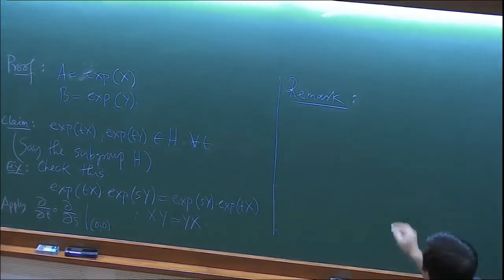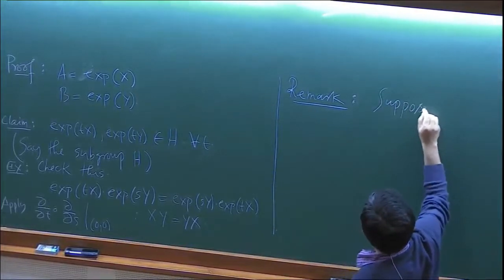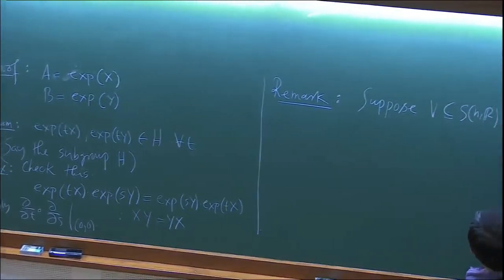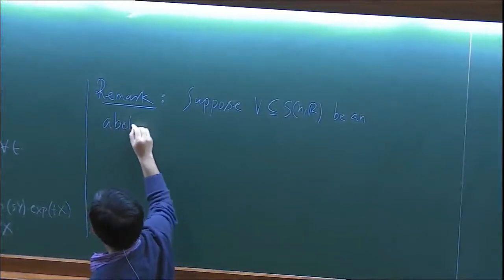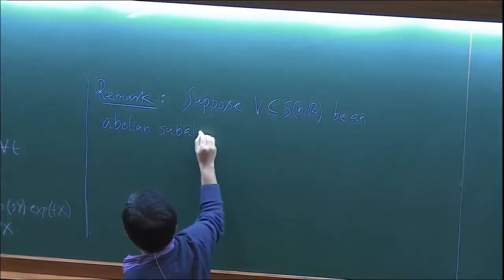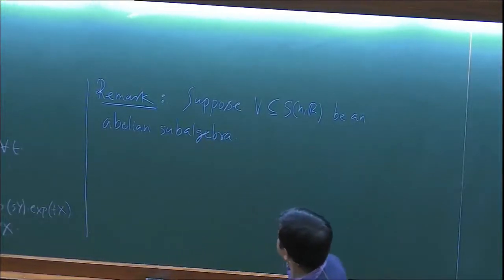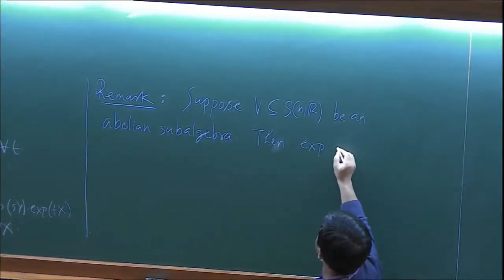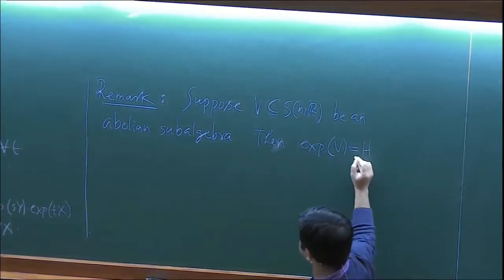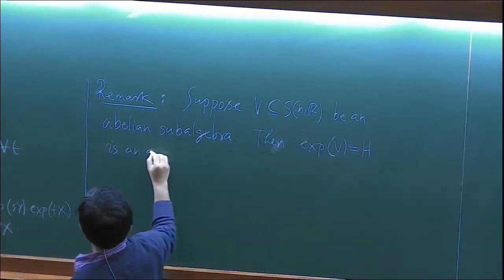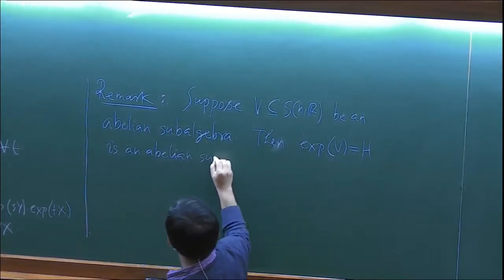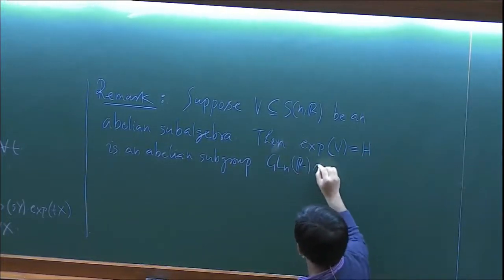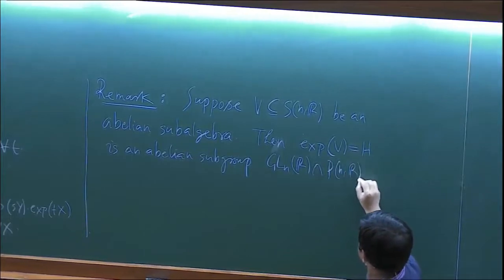Suppose I have an abelian subalgebra h inside the symmetric matrices S_n(R). Then the exponential of h is an abelian subgroup contained inside GL_n(R) intersected with P_n(R).